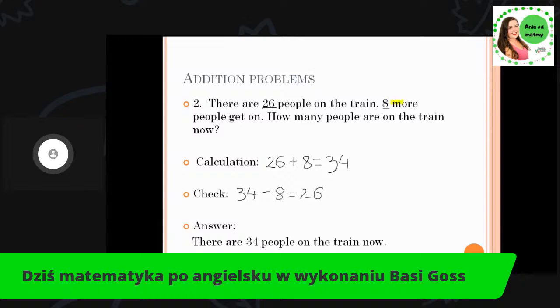It was the word more. So if you see in the question the word more, we might think we need to use addition.